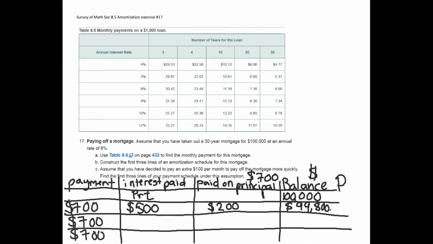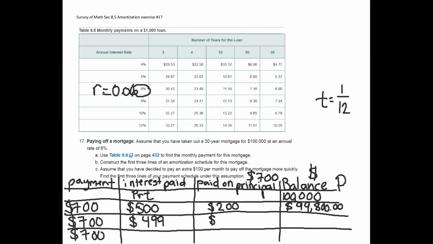which took us 2 payments before. If we multiply $99,800 times 0.06, the rate, times T, which is 1/12, because we're dealing with a month, we get that interest being paid is $499.